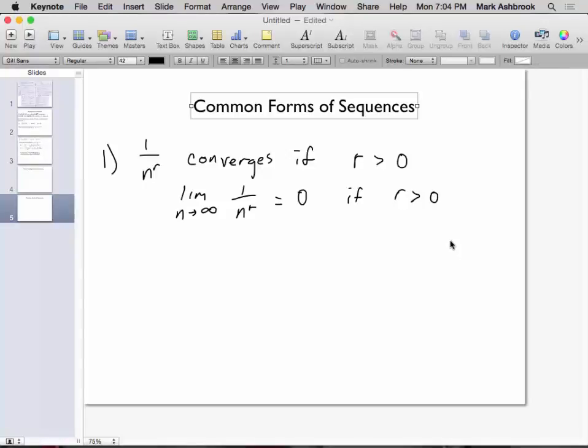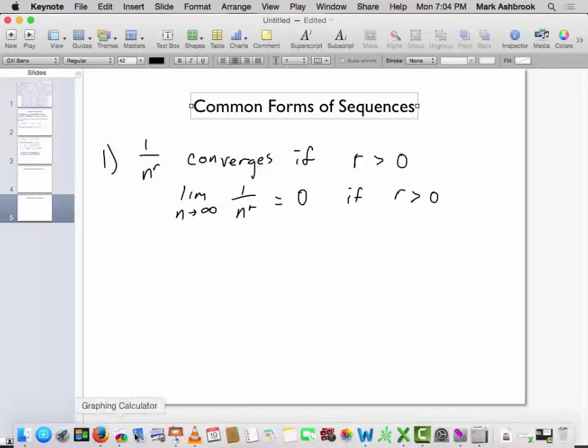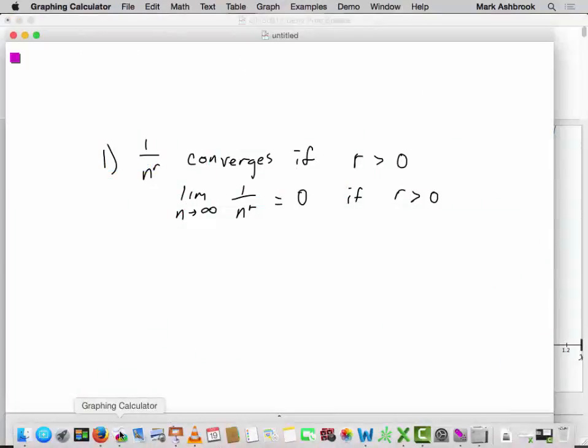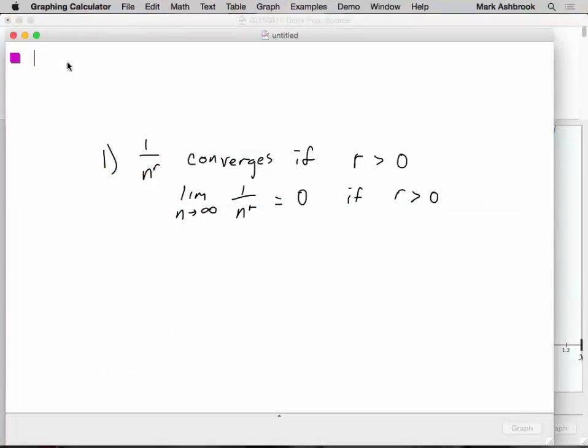Okay, let's see that. So we can use the equivalent function, y equals 1 divided by x to the, I'm going to call it a. So let a go from -3 to 3.